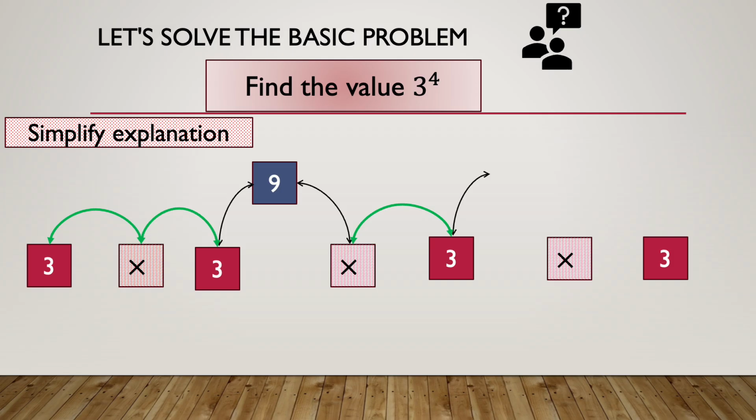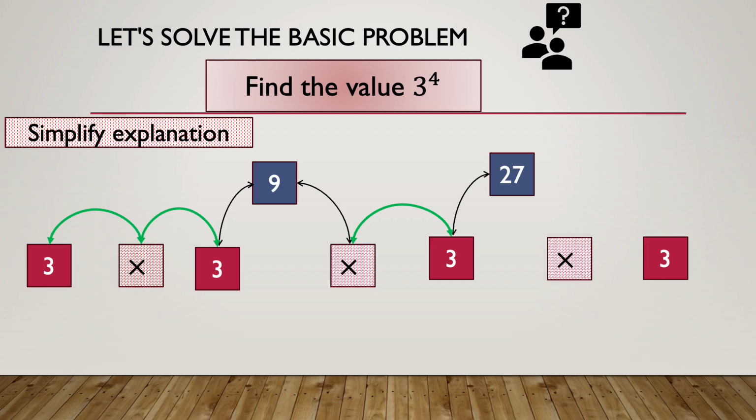I got the answer number 9. Then I multiply this number 9 by this number 3. So what is the answer when multiply number 3 by number 9 by number 3? Number 27. There you go. Now I got the number 27.